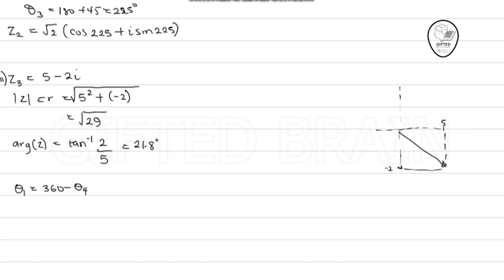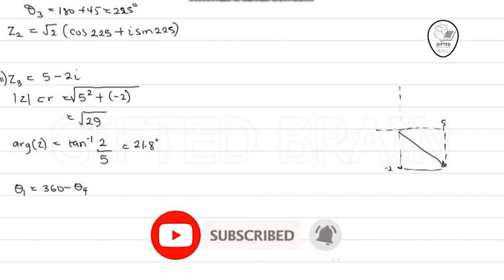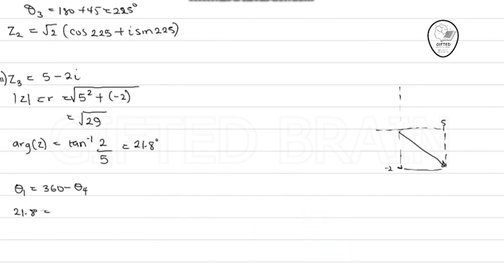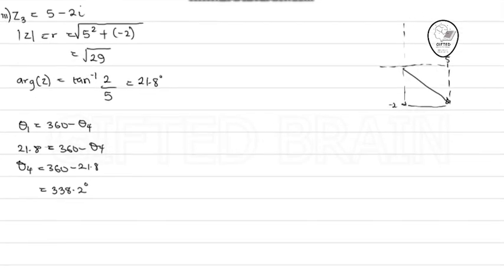So theta 1 is 21.8. You want to convert to theta 4, so 21.8 is equal to 360 minus theta 4. So what will theta 4 be? Theta 4 will simply be 360 minus 21.8, and that will give us 338.2.